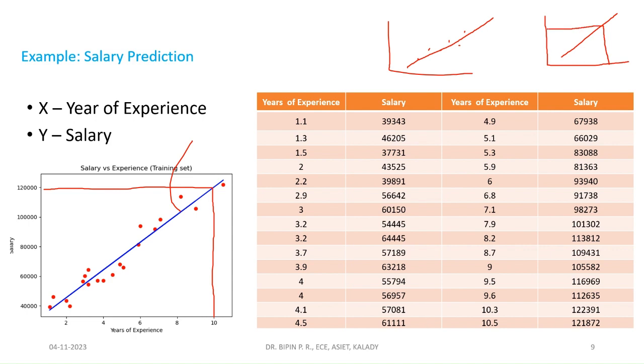This is what happens in every supervised regression type of algorithm: what is the output corresponding to this input? This is the prediction. So that is just a summary of what we have learned in the last class.